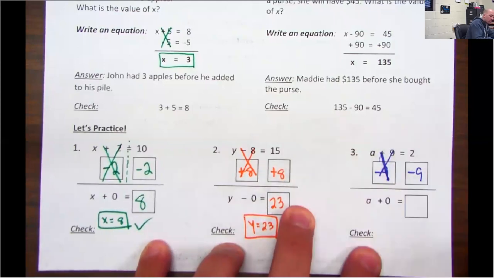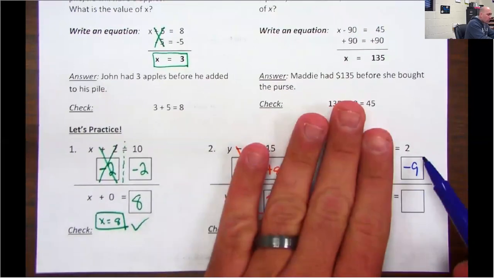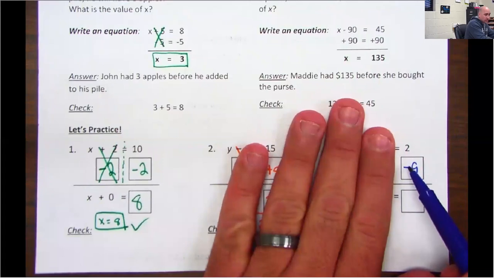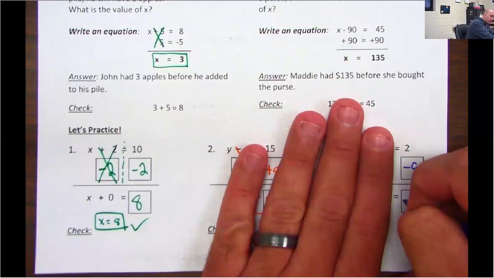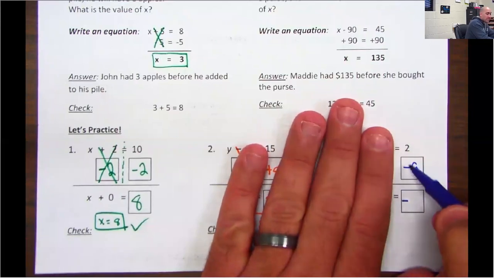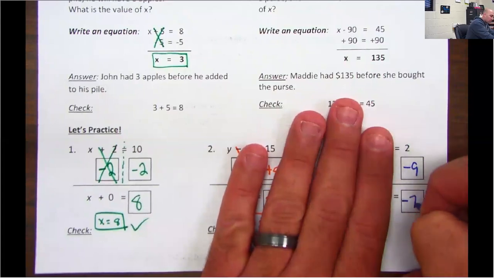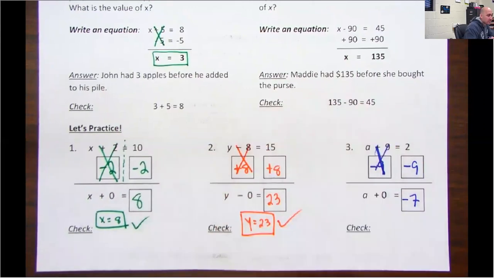That's my zero pair. Now, what do I have more of? Positives or negatives? I have more negatives, so the answer is negative. And since the signs are different, you subtract the numbers. 9 minus 2 will give you 7. So the answer should be negative 7.